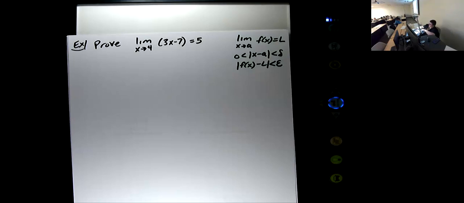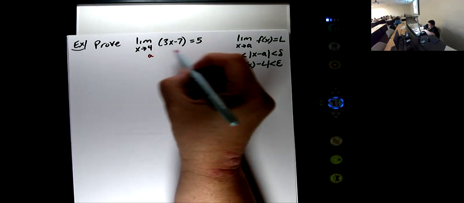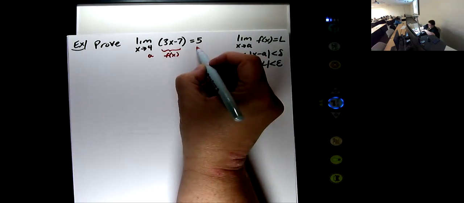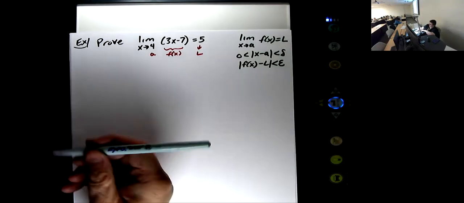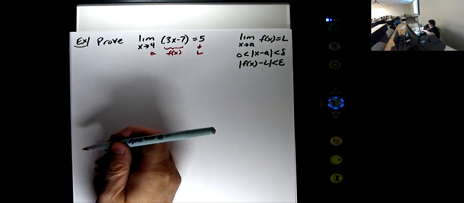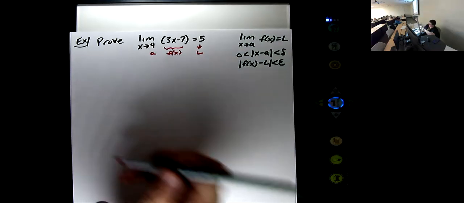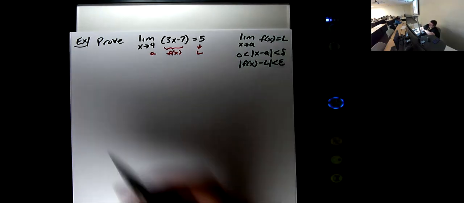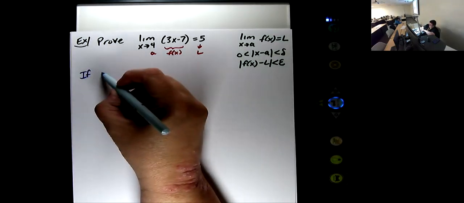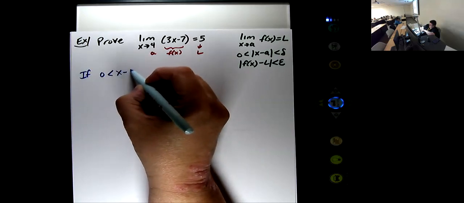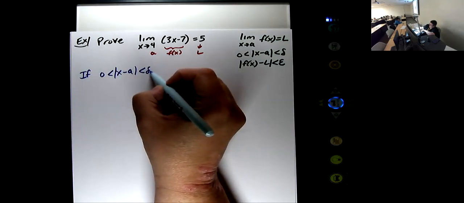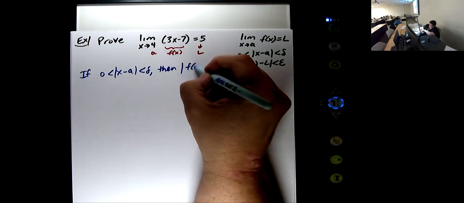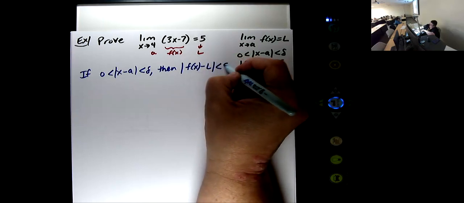So 4 is my a. That's my f of x. And that's my L. So we're starting off with if 0 is less than the absolute value of x minus a, less than delta, then the absolute value of f of x minus L is less than epsilon.